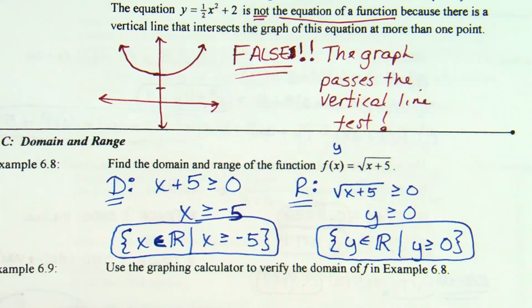Did I just do example 9 because I didn't read ahead to see what example 9 was? Yeah, I did. Okay, that's good. Number 9 is use the graphing calculator to verify the domain of f in example 6.8. The one thing I have written in my notes: use the graph and the trace feature. How does the trace feature help me?